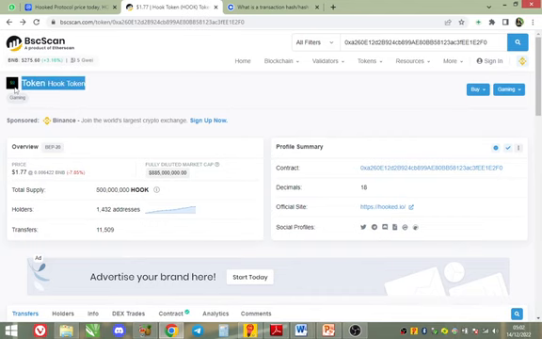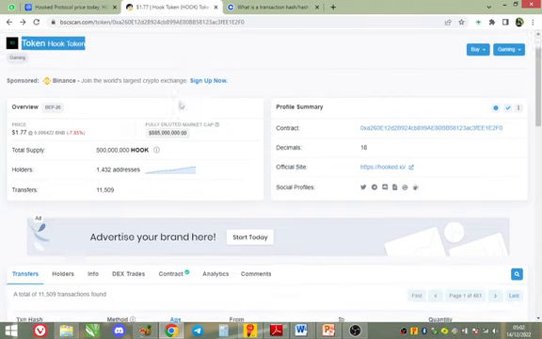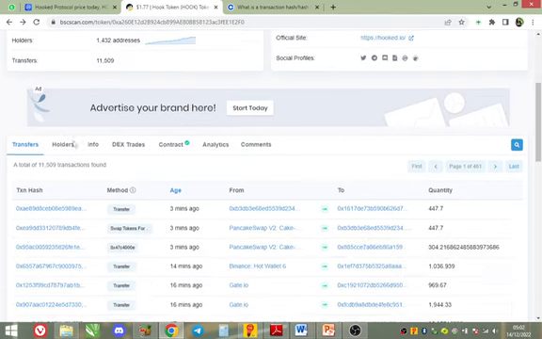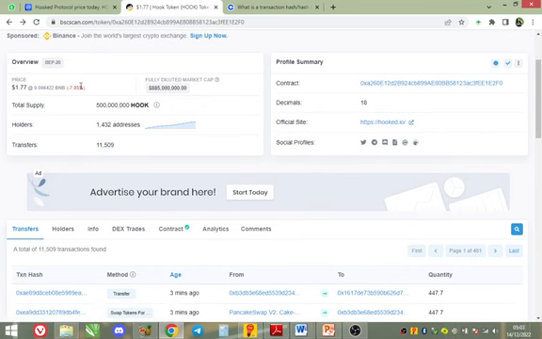It's just like buying a product. You want to actually know if people are actually buying this product. So we can get their transaction count, the number of transactions that have taken place in this token.